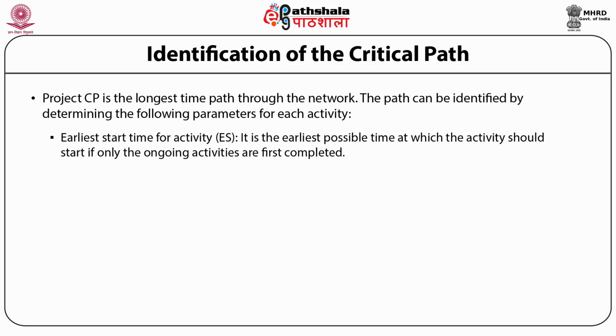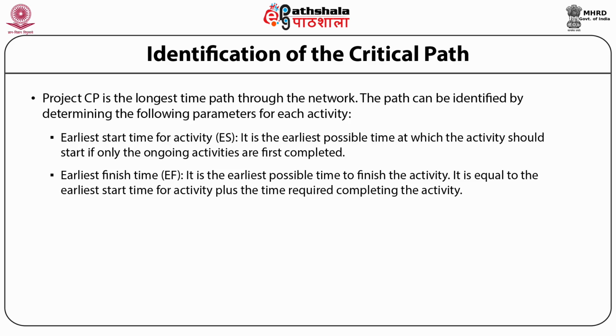It is the earliest possible time at which the activity can start if only the preceding activities are first completed. Earliest finish time, EF. It is the earliest possible time to finish the activity. It is equal to the earliest start time for the activity plus the time required to complete the activity.